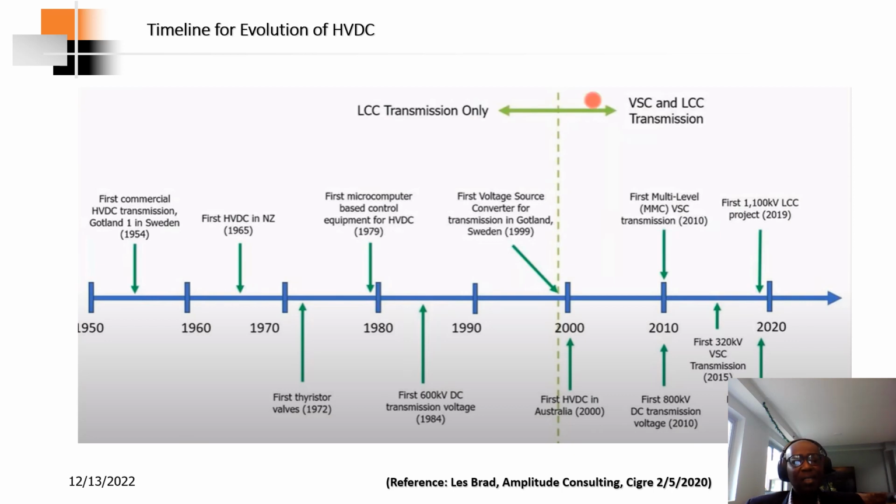Then in 1965, it moved to New Zealand, where HVDC was also installed. But those HVDC technologies were the mercury valves. But the first thyristor valve was in 1972, and I think that was the Nelson River, if I recollect.